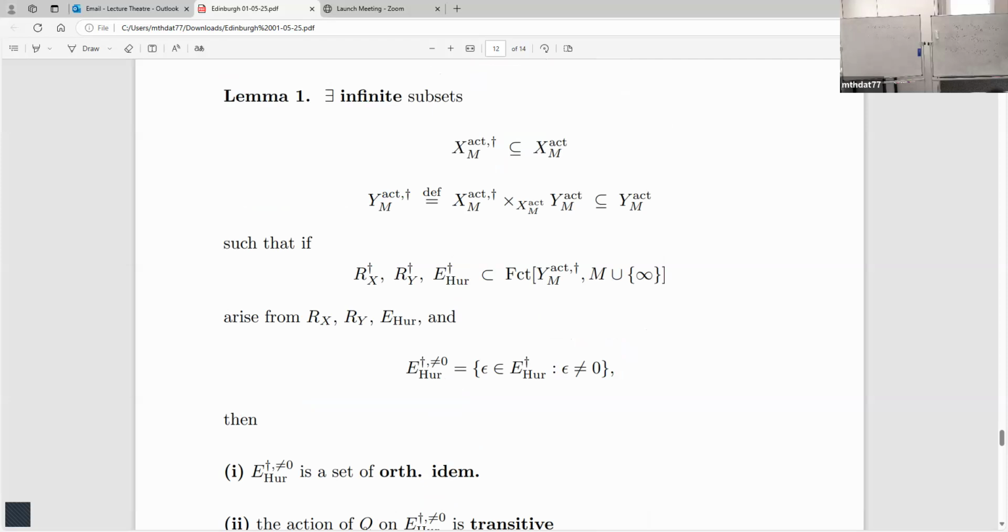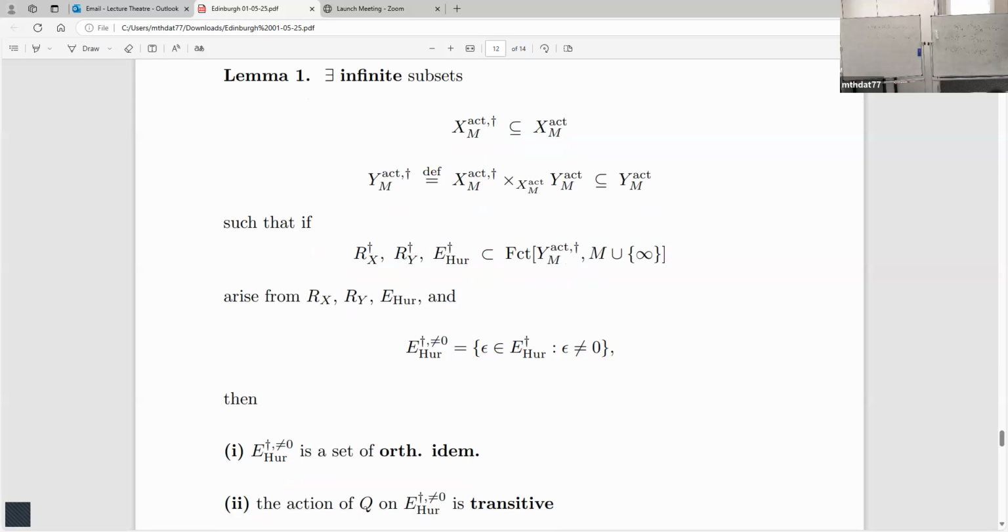Of course some idempotents might go to zero when you restrict in this way, but the point is that the non-zero images of these idempotents form a Q orbit. So the action of Q on this is transitive. This is the result that was mentioned by Mochizuki in his talk, and this is the main starting result of the theory in some sense.